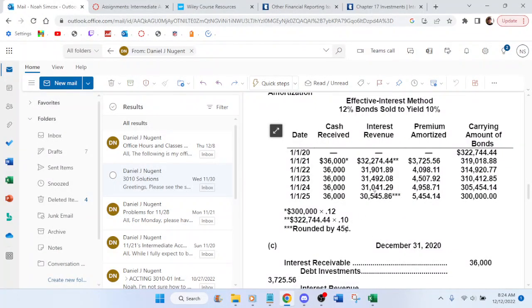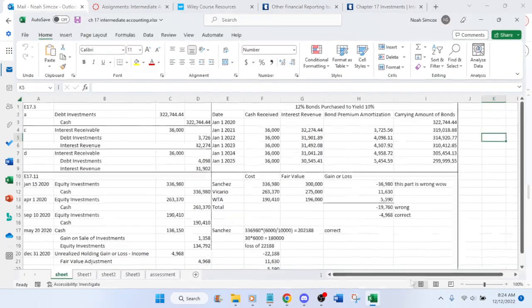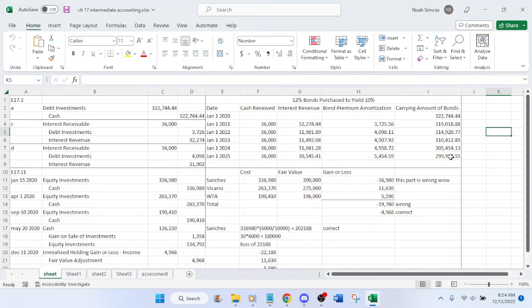Yeah, he increased this number by 45 cents, that ended up with this number, and then it ended up with 300,000. If you're off by 45 cents here, you need to increase by 45. Increase this by 45, which will also increase this by 45 cents, which is very dumb. You should not have to do that. This number was wrong from the start. That's why you're off by 45 cents.